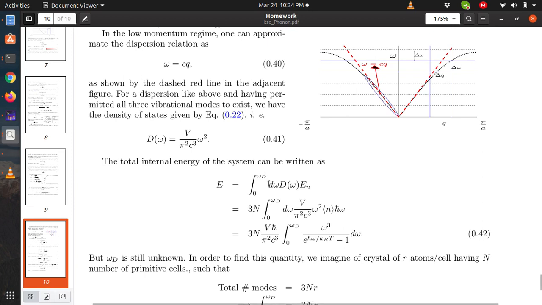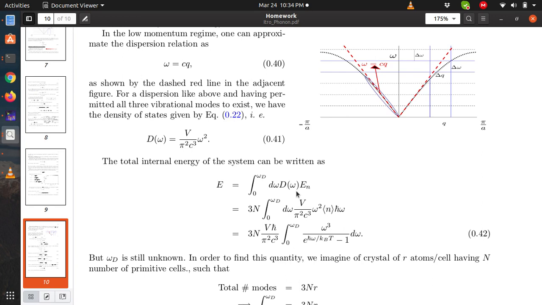So if you have to find that energy, you're going to have the density of states and the energy of each of those levels. Because we still have those vibrational modes, where each level has energy (n plus half) h omega.